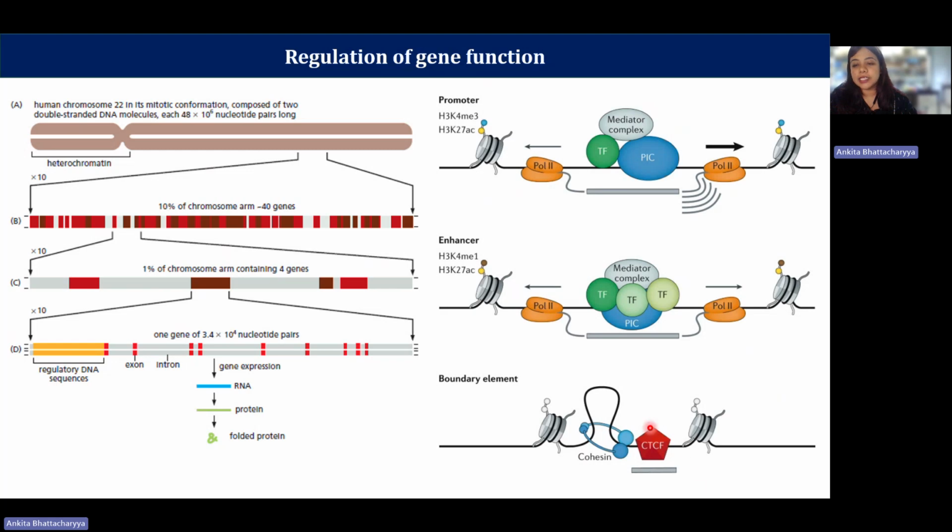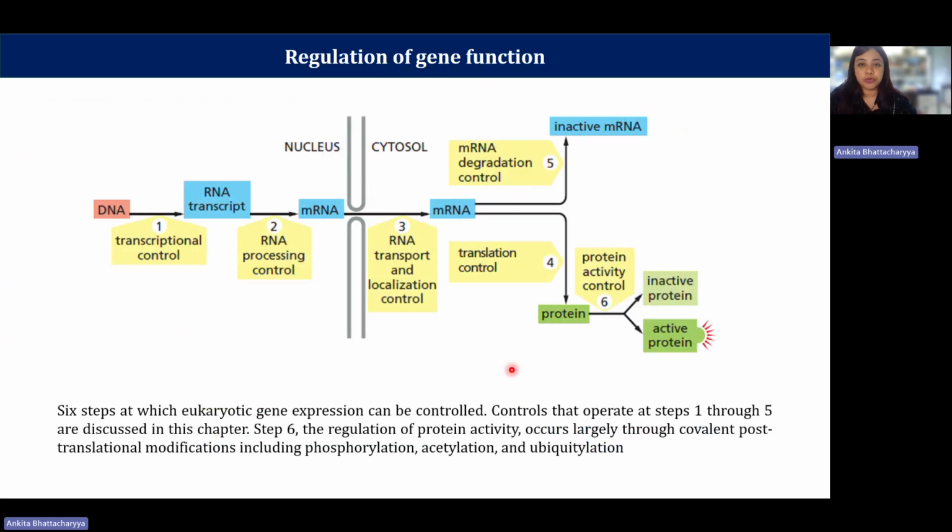Then you have CTCF like elements bringing together different domains of different chromosomes to form TADs, and that has an incredible role. Apart from that, regulating gene function occurs at multiple steps, from DNA to RNA, RNA to protein, you have these many steps. Whether or not RNA will be synthesized, whether it will be translated, and whether it will undergo the processing steps following translation, all of that.